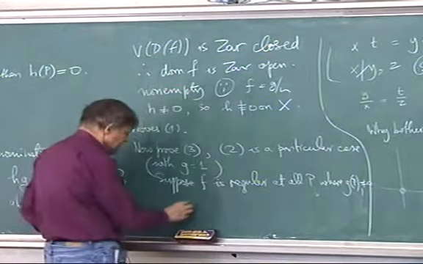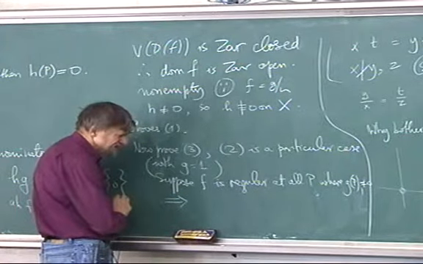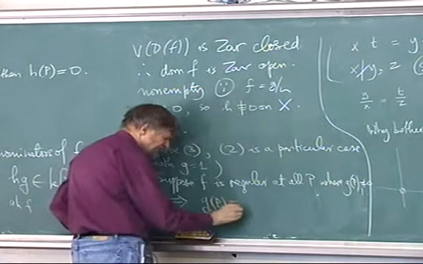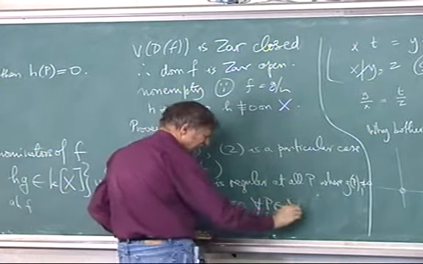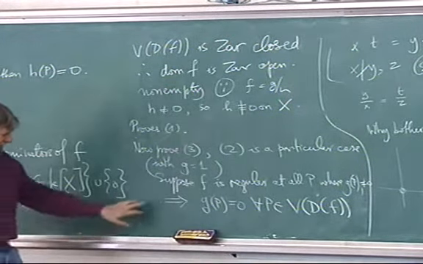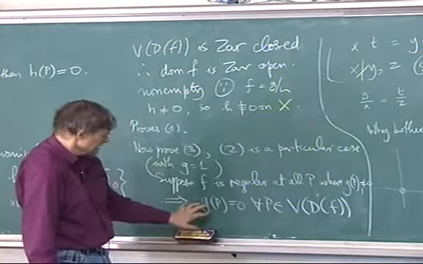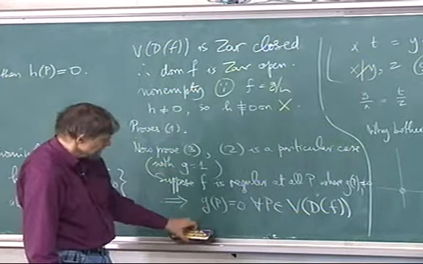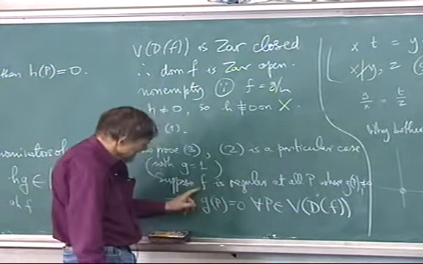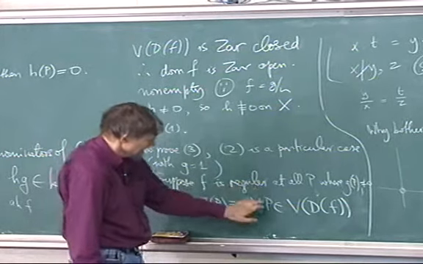Let me just say this again. This means that G of P is 0 for all P in this variety of denominators of F. It's the same statement: F is regular at all points P where G of P is not 0. So if I take a place where F is not regular, then G has to be 0 there.